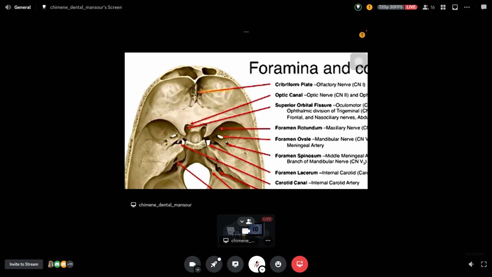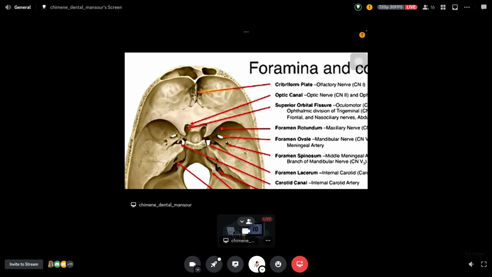Here we cannot see the frontal sinuses because we are so far away from them. Basically, we are in a further posterior part of the anterior view of the cranium. In the exam, you're supposed to see the frontal sinuses in front of you.